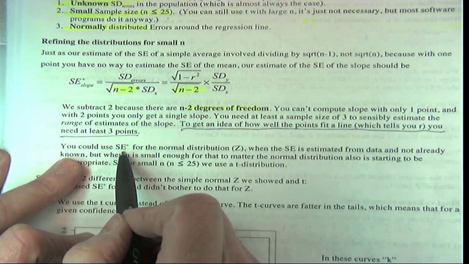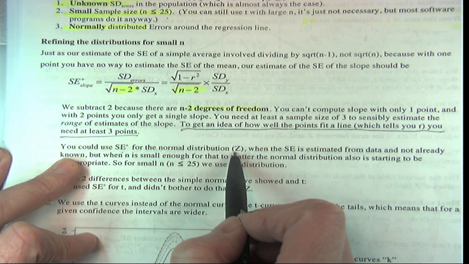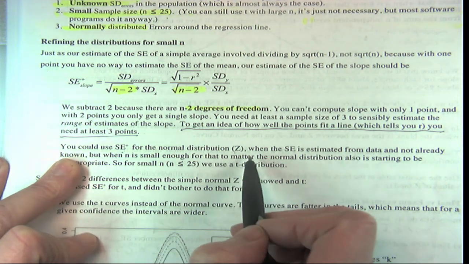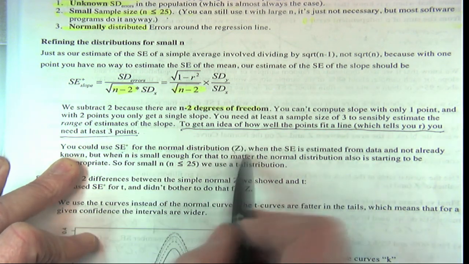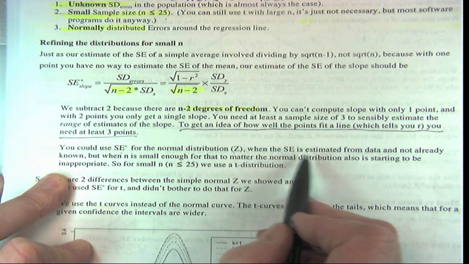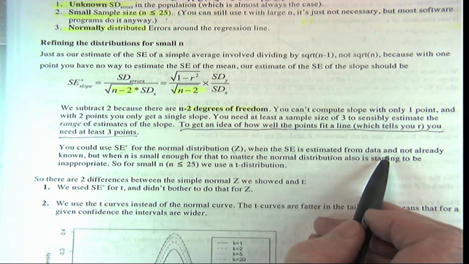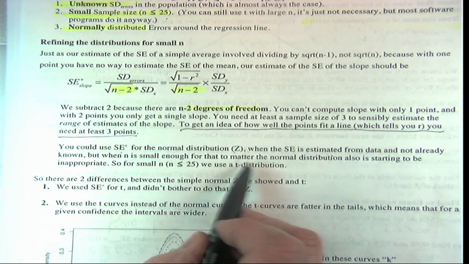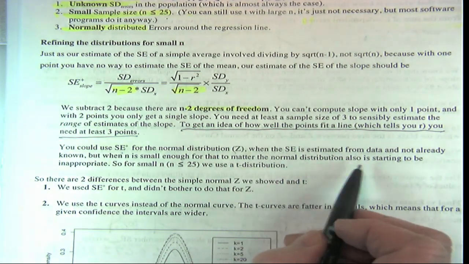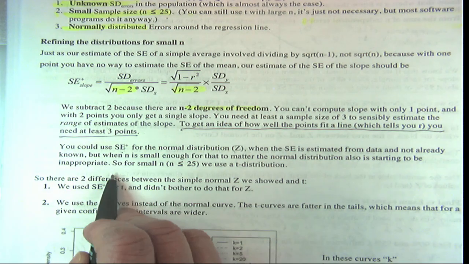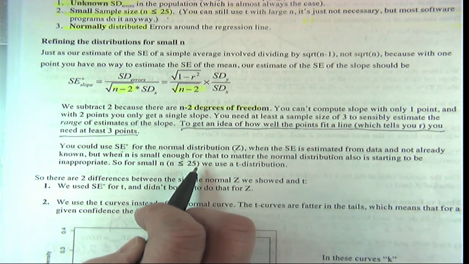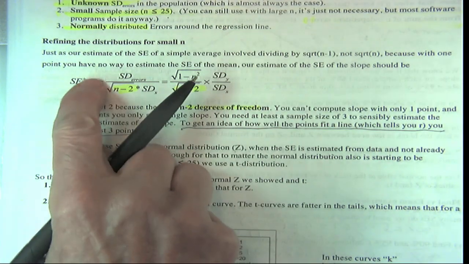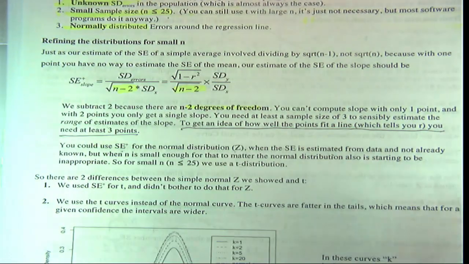So that's the standard error plus. You can use this for the normal distribution. There's nothing wrong with it. It gives you a slightly better estimate. Just as usual, you can always use this. But when the standard error is estimated from the data and not already known, and n is small enough for that to matter, the normal distribution also is inappropriate. So once you start using the central limit theorem, people just go ahead and use the regular standard error.